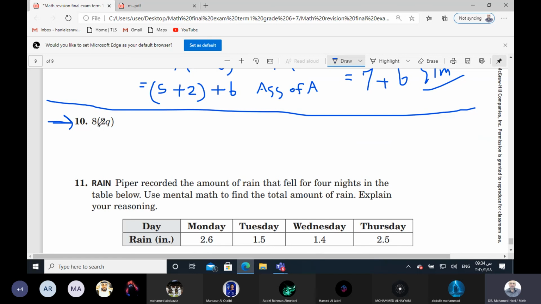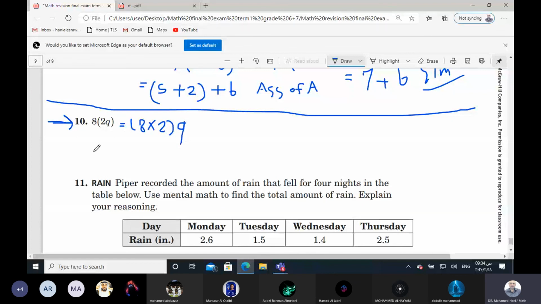8 between parentheses 2q. What is the operation here between 8 and the parentheses? It will be multiplication. So we can change the place of the parentheses. We can write here 8 times 2 times q.